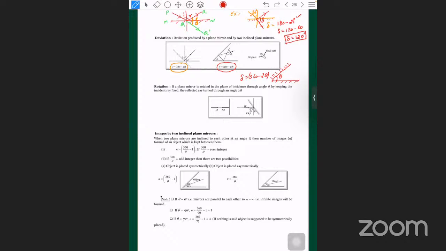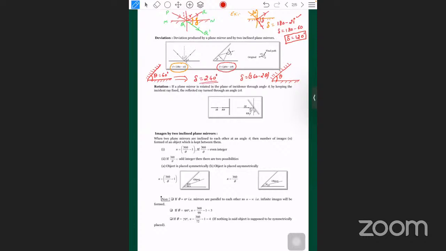Shall I give one more example? If this is one mirror and this is the second mirror, and this theta I'm giving as 60 degrees, what is the angle of deviation if the two mirrors are inclined by 60 degrees? 360 minus 120, sir. How much is it? 240. So the angle of deviation is 240 degrees.